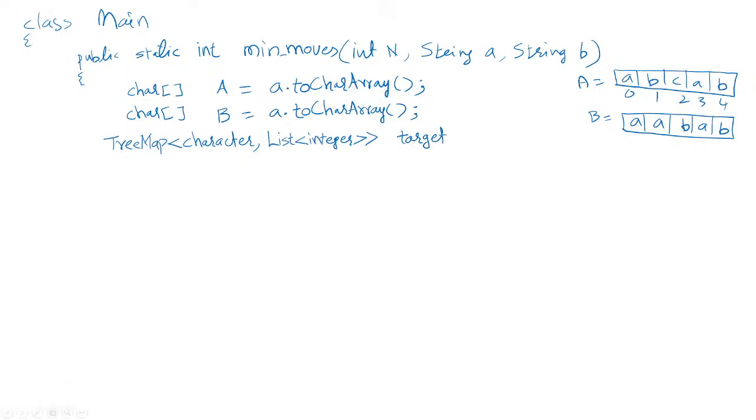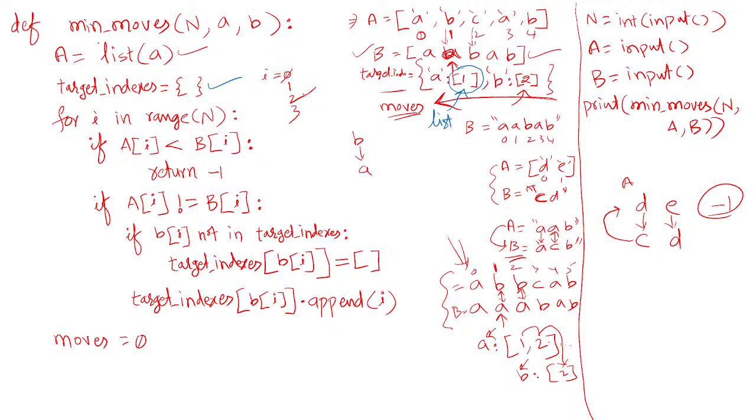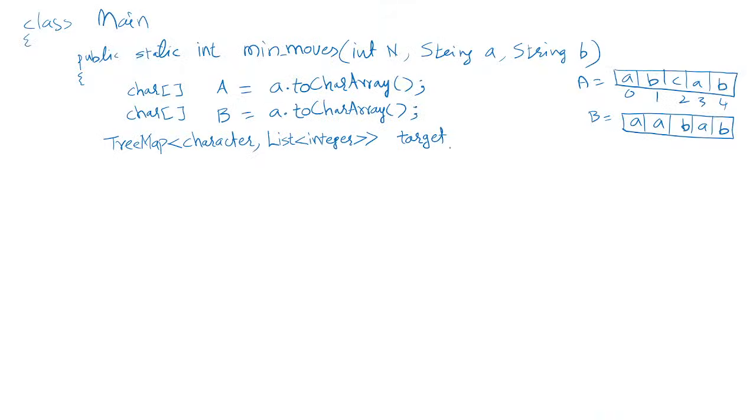What object name have we given? Target indexes. So here also we'll use the same variable name, target indexes. This is equal to, now how can you create an object for the tree map? By using the new operator, new TreeMap, then give empty angle brackets here.